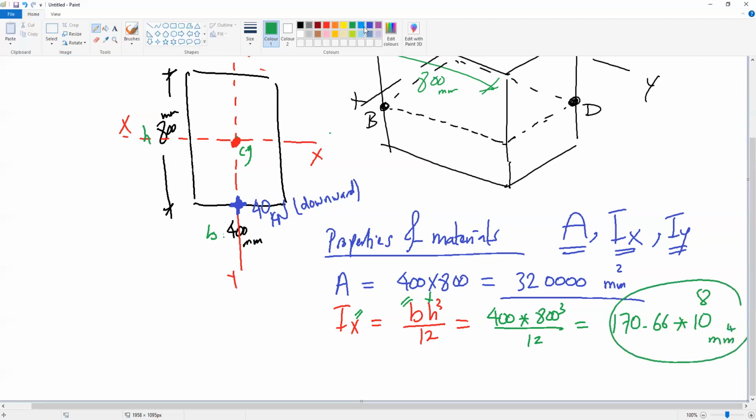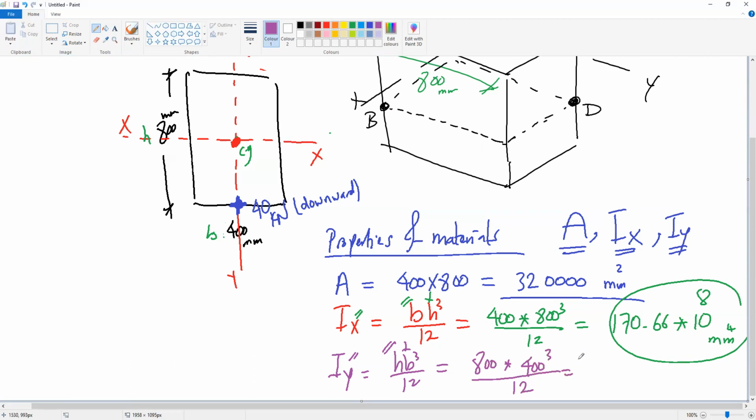Okay. The last one is IY. How can we find IY? IY will be HB to the power 3 divided by 12. The H is the parallel to Y, which is 800. B is the perpendicular to Y, which is 400. So it will be 800 times 400 to the power 3 divided by 12.